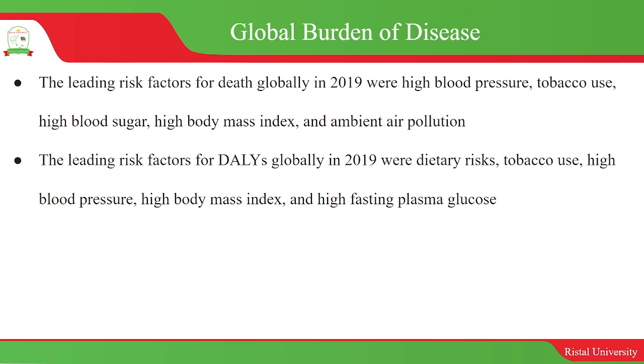So globally, you are able to recognize that the things that cause disease or death are high blood pressure, tobacco, high sugar levels, and obesity, and then high fasting plasma glucose. These are basically the same things that are always recurring.